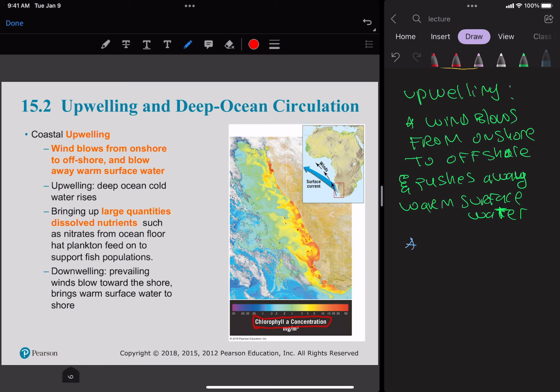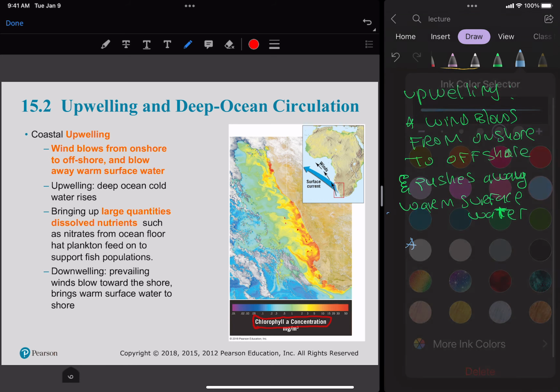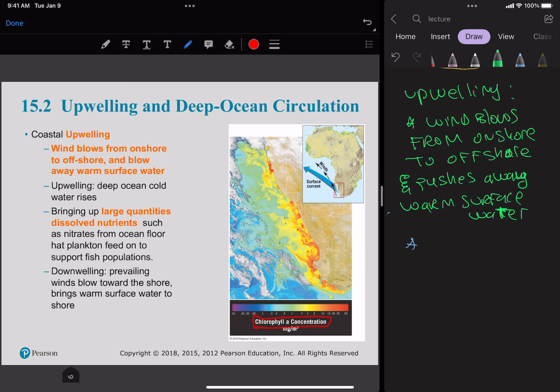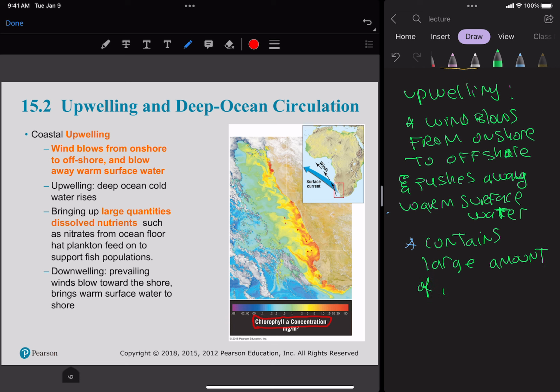Upwelling contains large amounts of nutrients that are dissolved in the water.